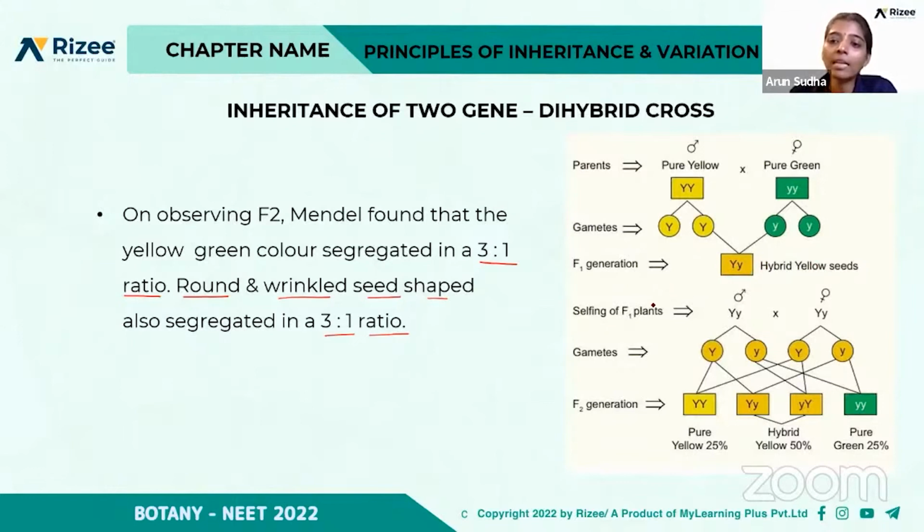On selfing of these F1 plants, that is heterozygous yellow, in the F2 generation he got 3 yellow and 1 green, in the ratio of 3:1. This is what we saw yesterday in the monohybrid cross, right? Similarly, he did it for the round and the wrinkled in the ratio of 3:1.